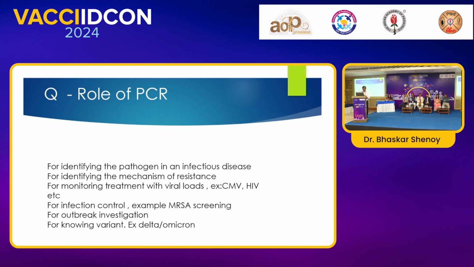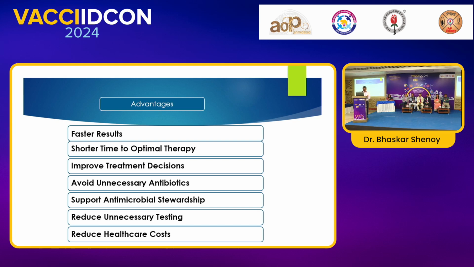We have so many overlapping signs and symptoms of many diseases, and it's very useful in identifying the genes of the antibiotics, mechanism of resistance, and in some cases for the monitoring and the prognosis of the disease, and the estimation of the viral loads like CMV and HIV, for infection control, for detection of MRSA, and for outbreak investigation to identify the bug as well as to limit the spread of the bug in the community. And for knowing the various variants, now we have seen the various usefulness in COVID also and other variants.